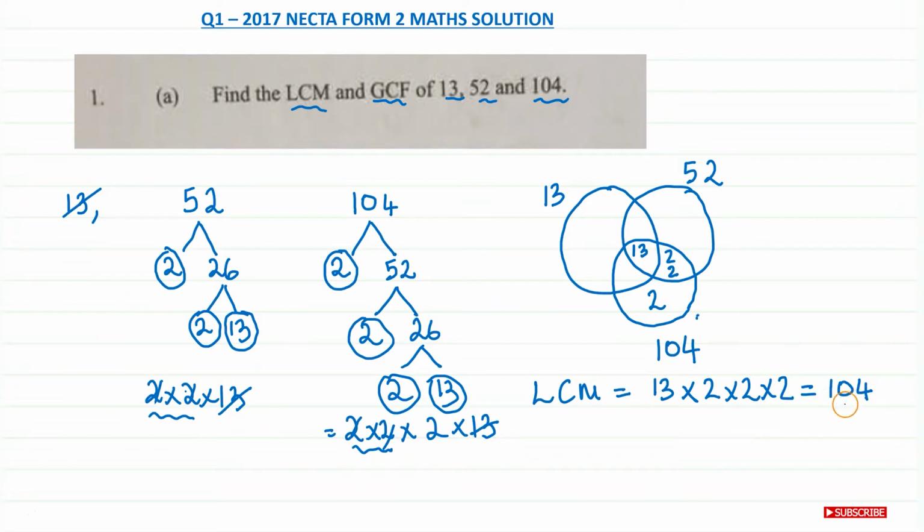So the lowest common multiple of these three numbers is 104. What's the greatest common factor? The greatest common factor is the number in the middle. We only have one number in there, 13, so that is just going to be 13. And that is the answer for 1A.